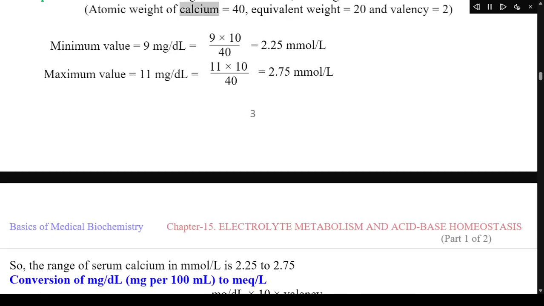Atomic weight of calcium equals 40, equivalent weight equals 20 and valency equals 2. 9 times 10 divided by 40. 11 times 10 divided by 40. So, the range of serum calcium in mmol/L is 2.25 to 2.75. Conversion of mg/dl, mg per 100 ml, to milliequivalent/L.